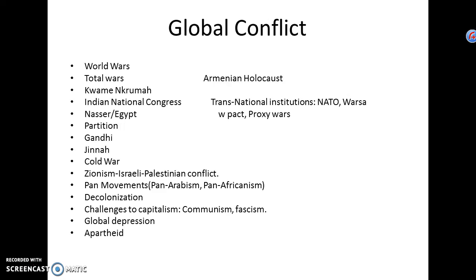Here we see the collapse of empire, starting after World War I in 1914. Empires like the Ottoman, Russian empires, Qing dynasty of China, they all fall right as World War I starts, which is 1914 to 1918.